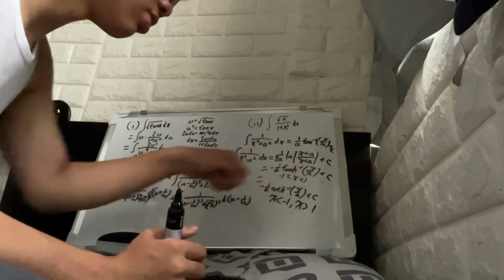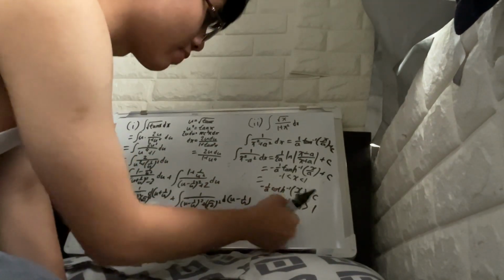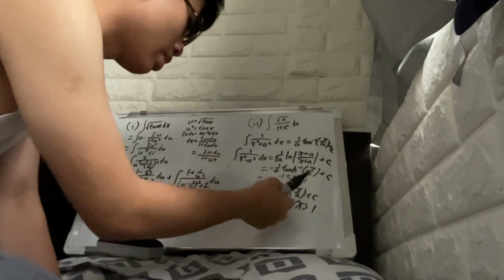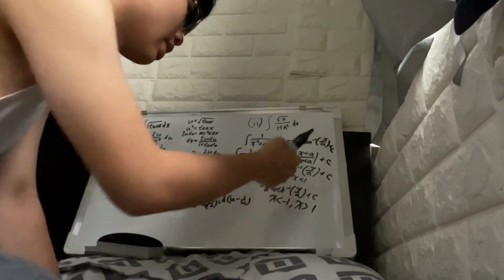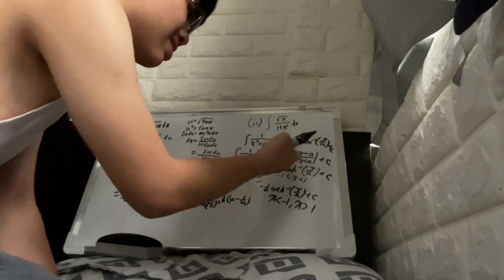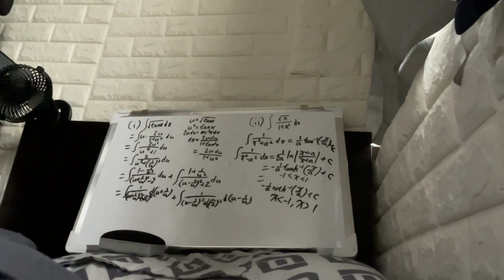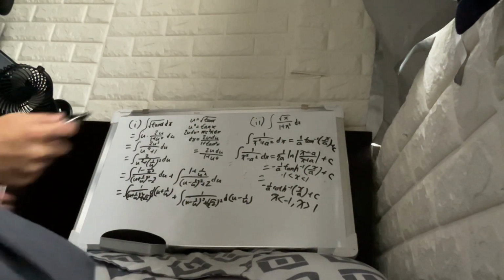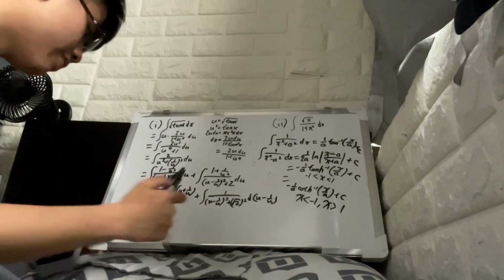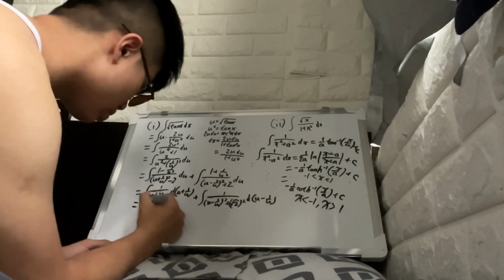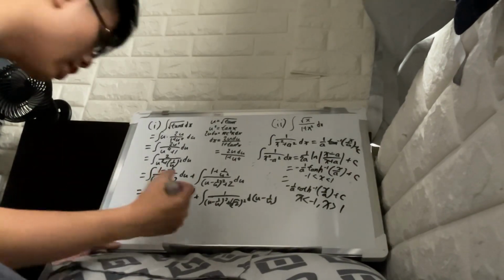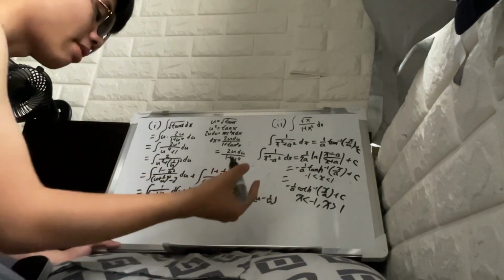This domain is way smaller, so we want to use the one with more domain. And I'm not going to use this here because I don't like this. It's kind of hard to memorize, in my opinion. So over here, first you divide by the inside, negative 1 over root 2, and then I'm going to use the inverse hyperbolic cotangent.